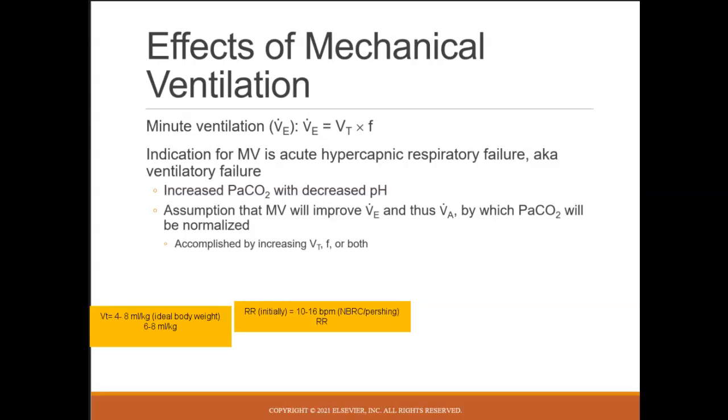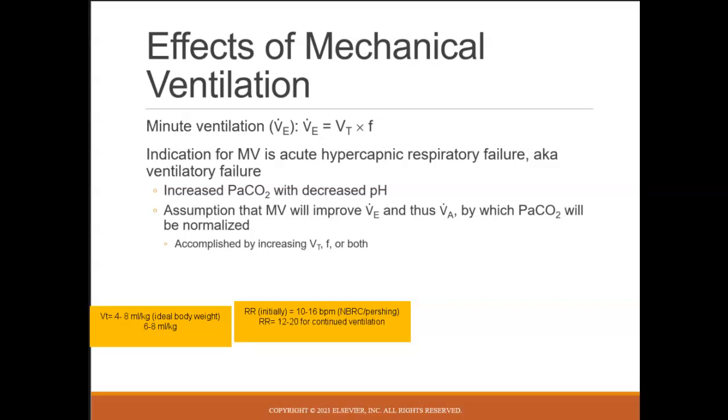Your Egan's book talks about trying to keep your respiratory rate from 12 to 20, and I would say that's also a fair range, as most of your patients are going to be within that 12 to 20 range for continued ventilation.